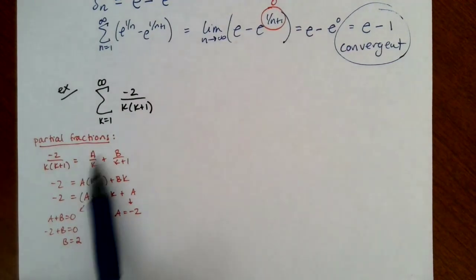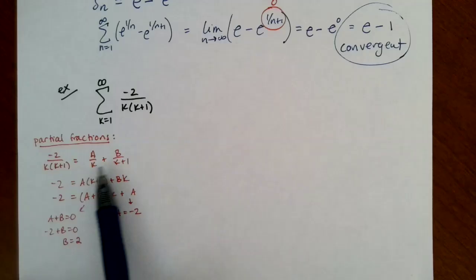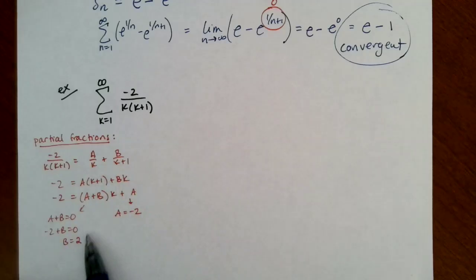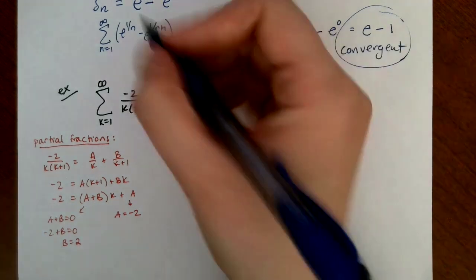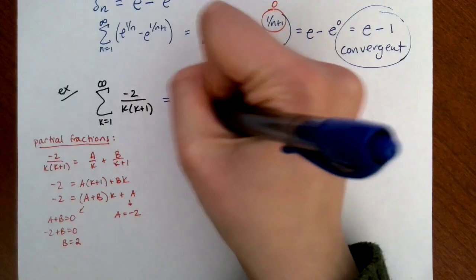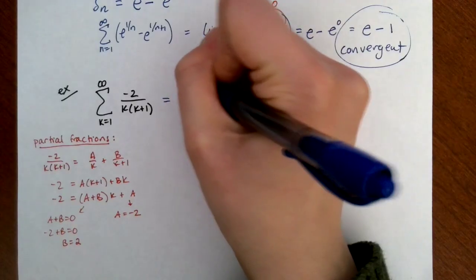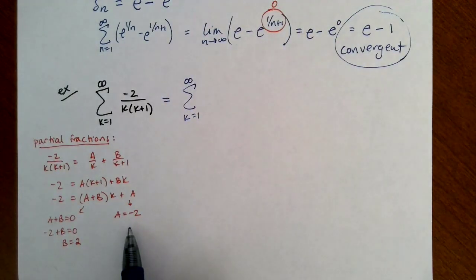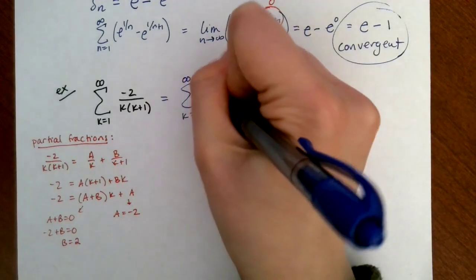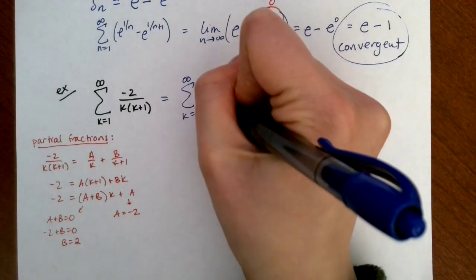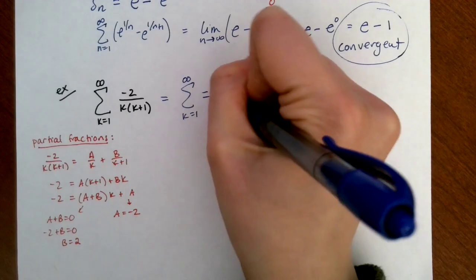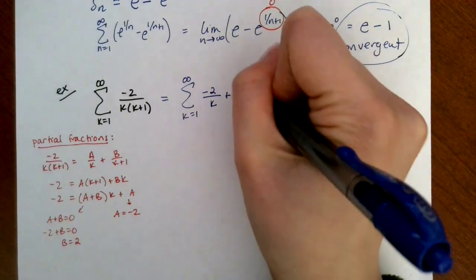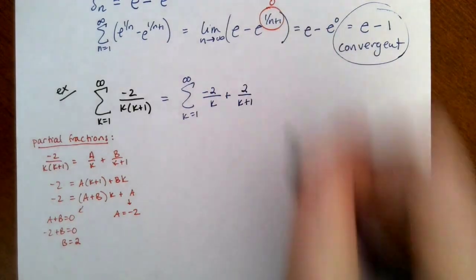So I've pre-done the work here. I just did some partial fractions, something over k plus 1, and I got my two numerator values. So I can take this series and rewrite it as a, which is negative 2 over k, plus b, which I got as positive 2 over k plus 1.